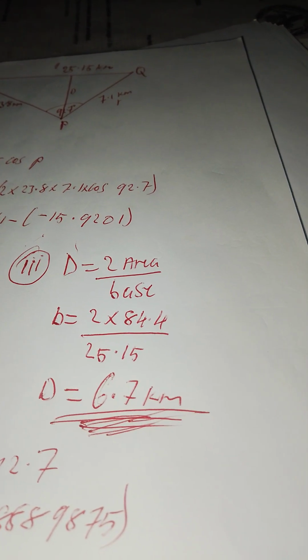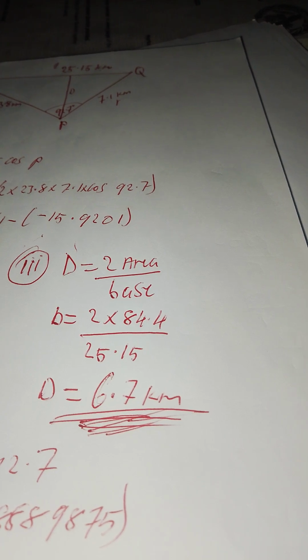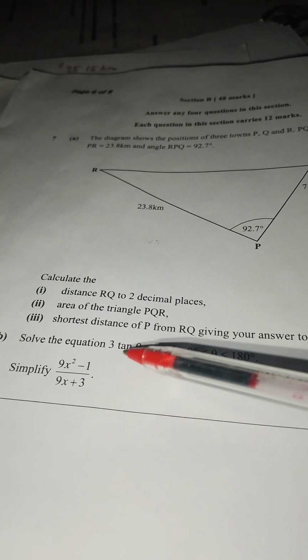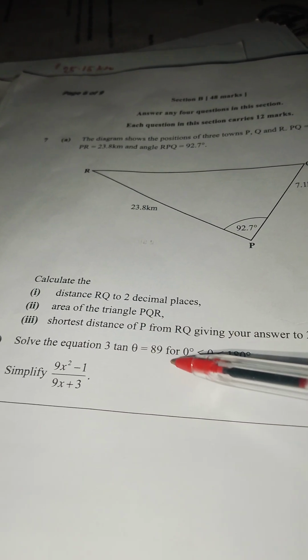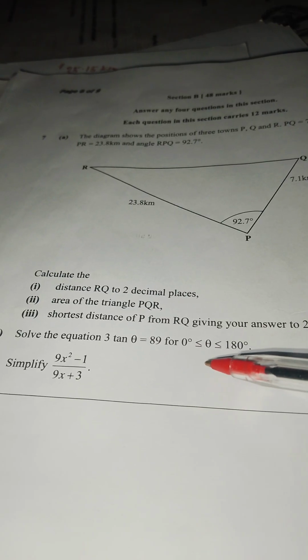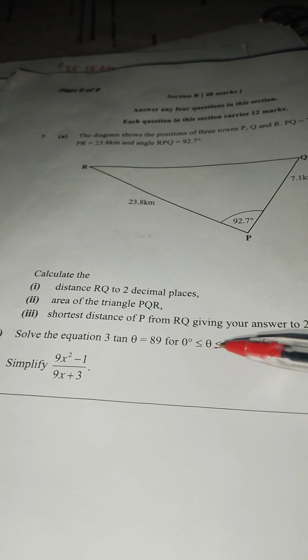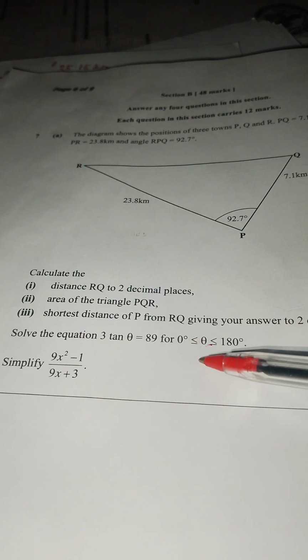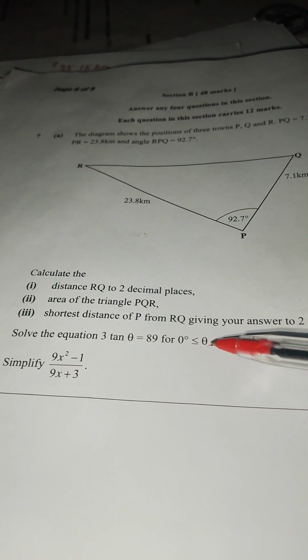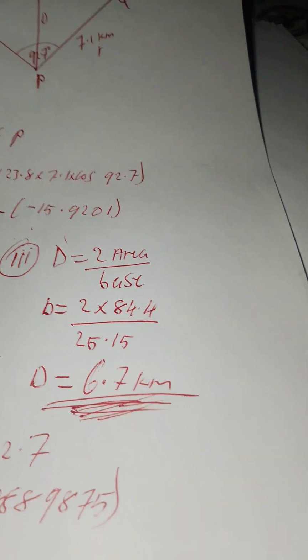The next question is B. Solve the equation 3 tan theta is equal to 89. This is the range they are giving us: 0 degrees less than or equal to theta less than or equal to 180. So how do we solve this kind of question?